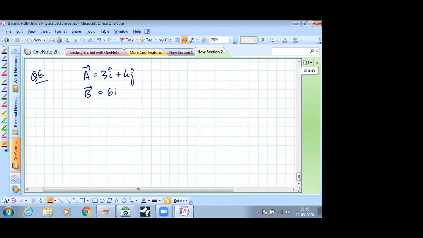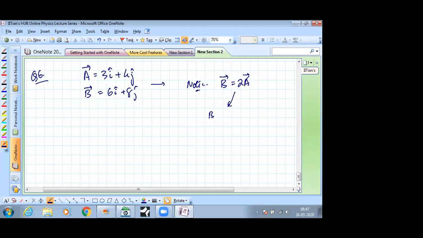Okay. So if you just look at this question directly before you come to the options, observation helps you understand that the vector B is nothing but twice of vector A. You see that's happening. So the vector is twice of A. What does it mean?